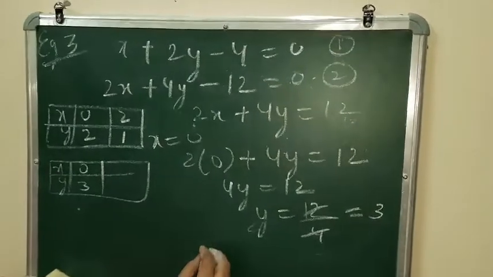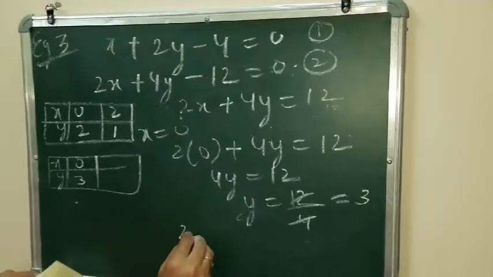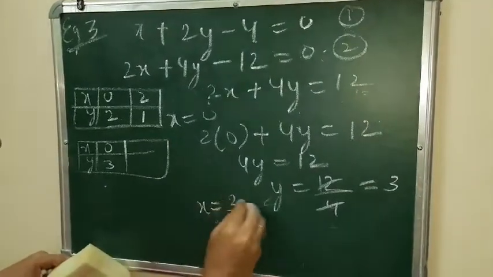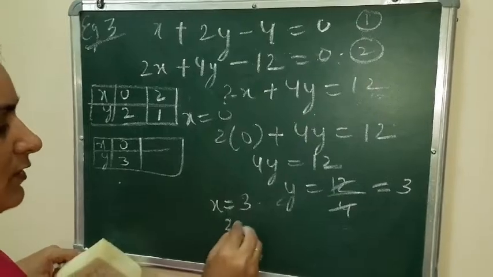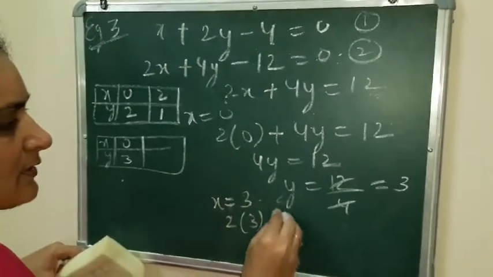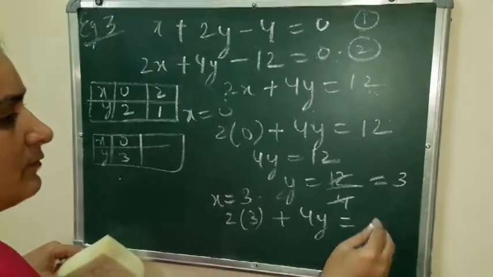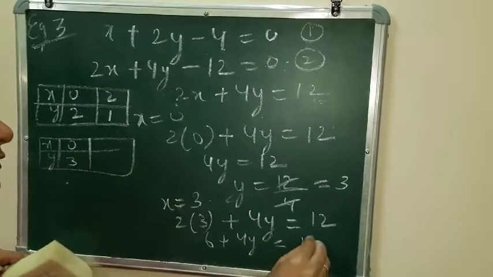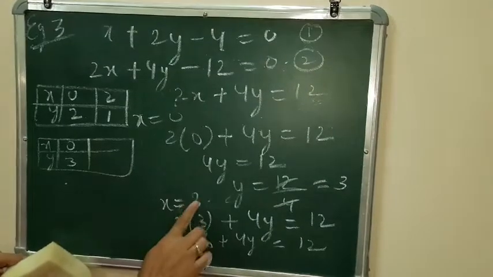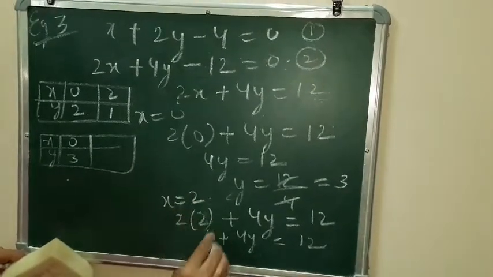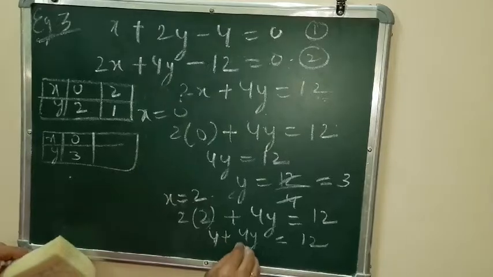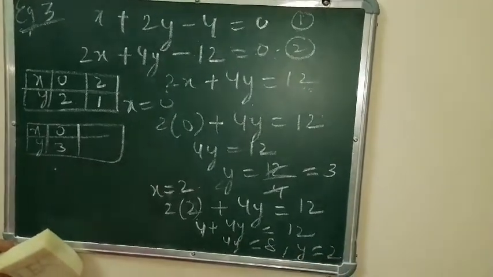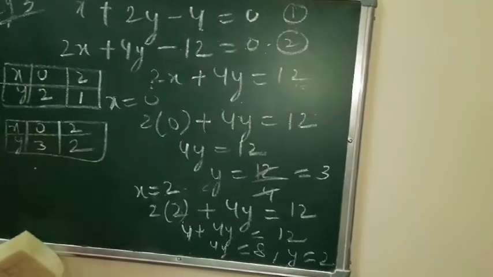Let x be 3, because the board is small, so we will not take till 6. 2 3s are 6 plus 4y is equal to 12. You can take 2 also, that will be easy. x equal to 2. 2 2s are 4. So 4y equal to 8, y is equal to 2. So when x is 2, y is 2.